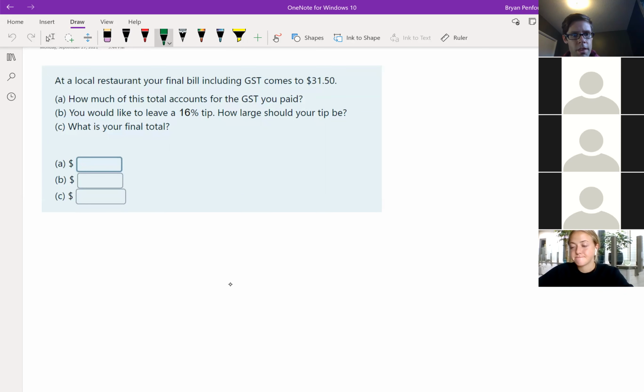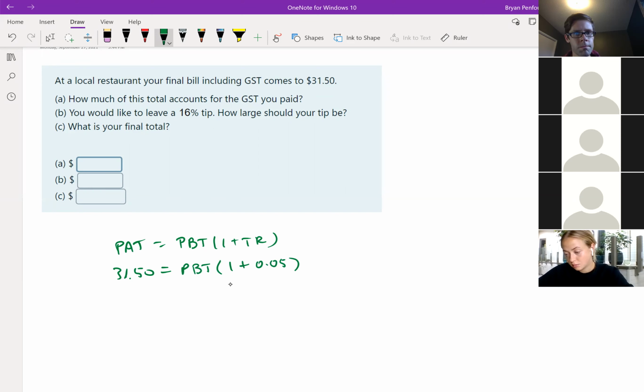So I know there's some amount that I've paid. We can use something like PAT, PBT, 1 plus TR. I know my price after tax is 31.50. Actually, I'll just write the formula out. So after tax, I get 31.50. I don't know what the price before taxes is, but I know that the tax rate is 5% GST.